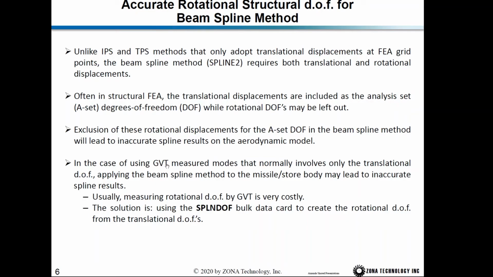And in the case of using the GVT measured mode, that normally involves only translational degrees of freedom, then if you want to use the beam spline for the missile and store body, it may lead to incorrect spline results, because the GVT measured mode sometimes may not have the rotational degree of freedom. And so the solution is you use spline d.o.f to create the rotational degree of freedom from the translational degree of freedom.